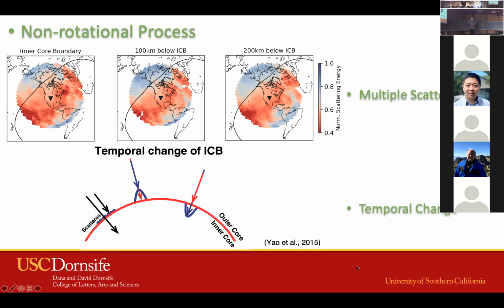The second reason is that several studies report temporal change of the inner core structure, or maybe moving of the scatterers, and also maybe topography change. This is also reported in this region.